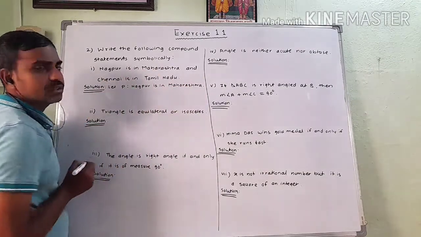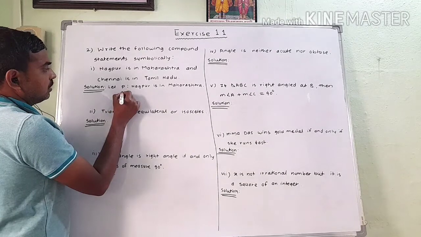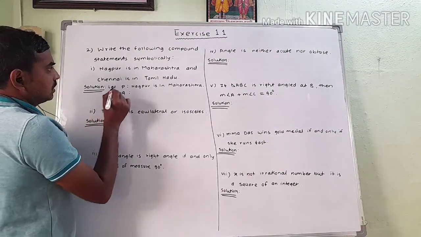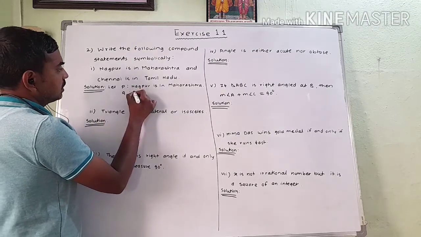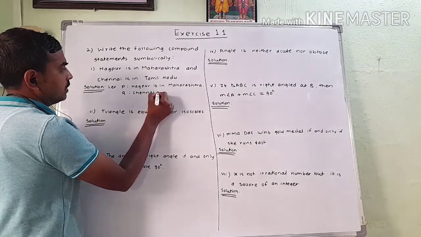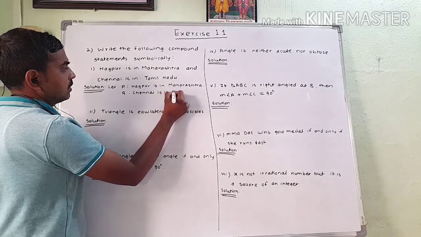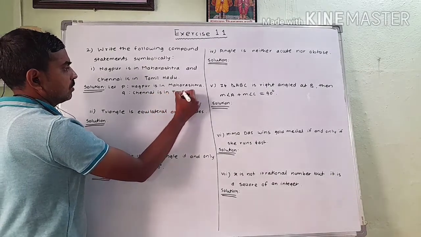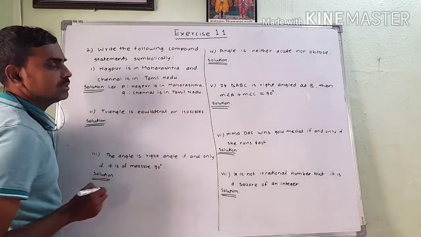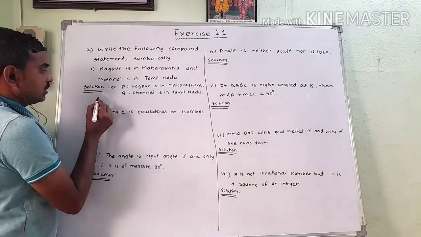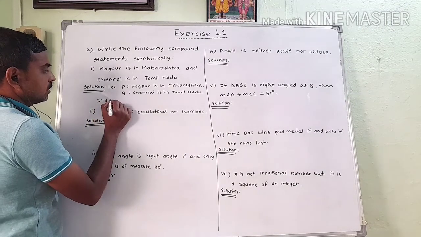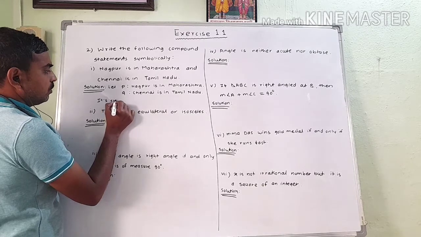This is the first simple statement. Now the second, Q, second simple statement is Chennai is in Tamil Nadu. This is the symbolic notation. Now we'll write finally its symbolic form.